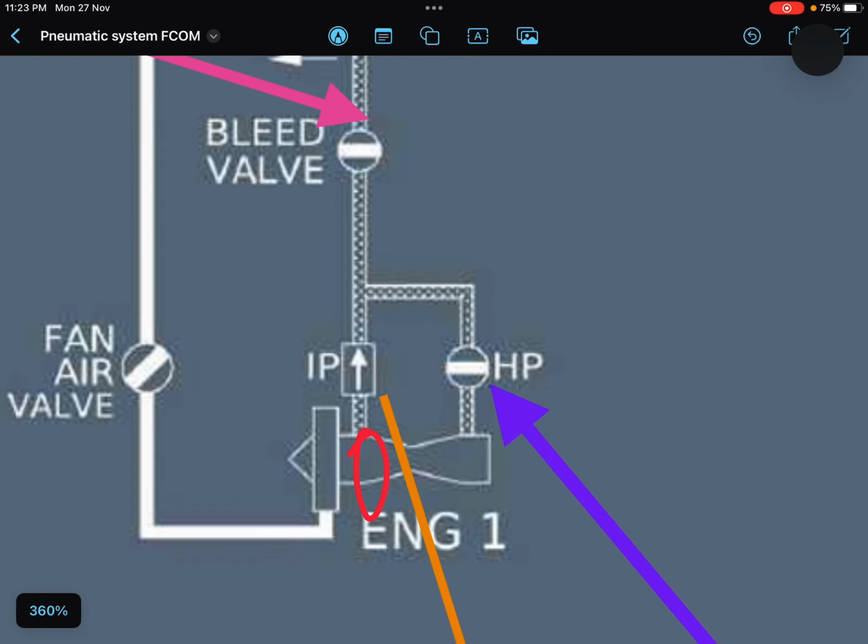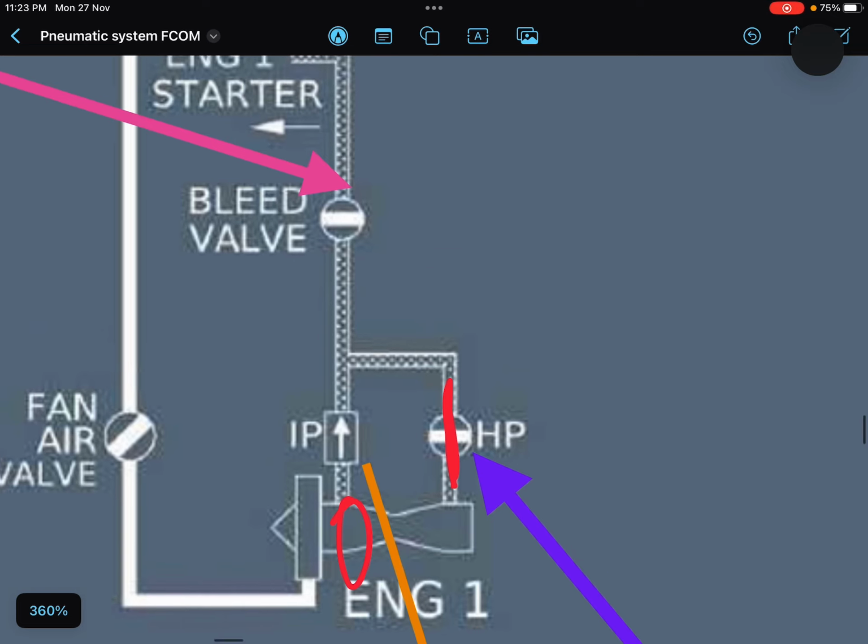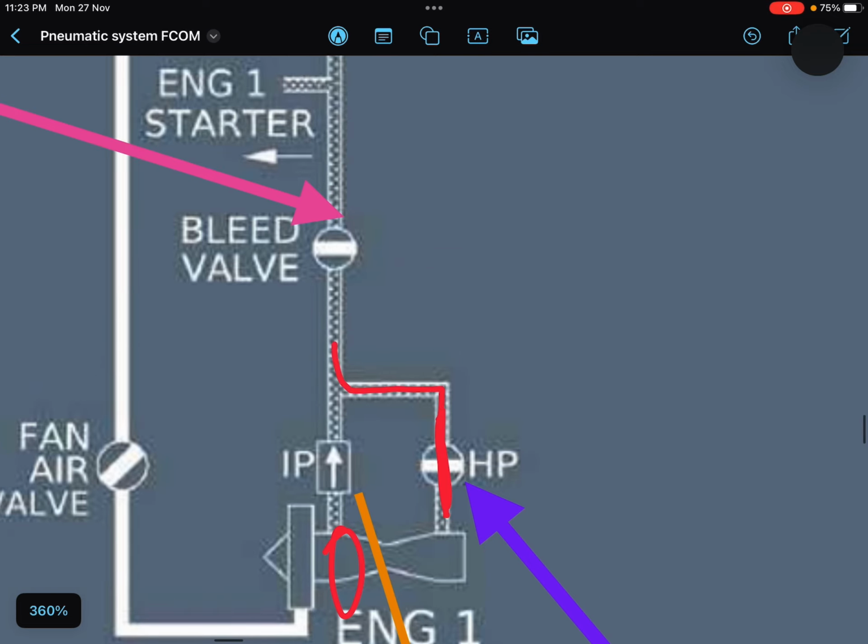Now you know that the HP valve opens when the pressure and temperature is not sufficient, right? And when this HP valve opens, the IP valve also remains open, but this IP check valve prevents air from going from here to here. Makes sense. Now maybe 3 or 4 questions have already been covered.